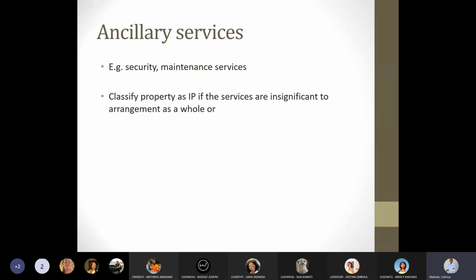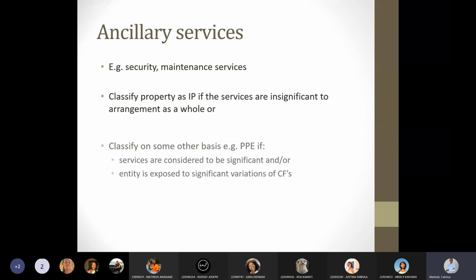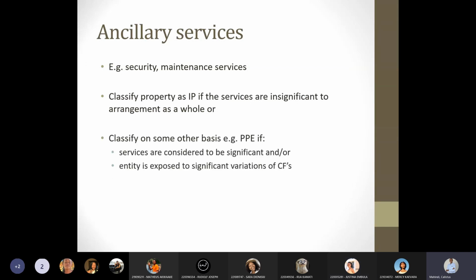Again, with ancillary services, you have to determine, are these services significant or insignificant to the arrangement as a whole? If the ancillary services are insignificant to the whole arrangement, then you will classify the property as investment property. However, it might be that the ancillary services are significant.